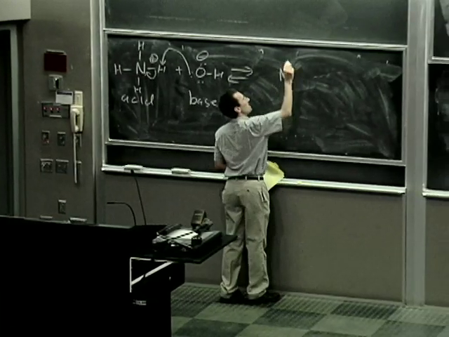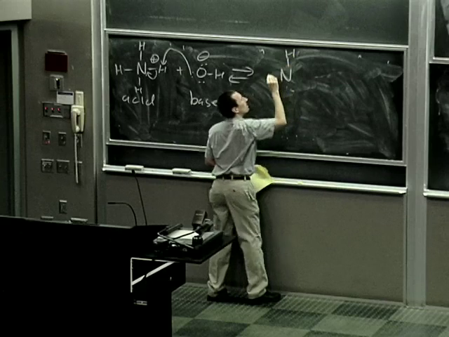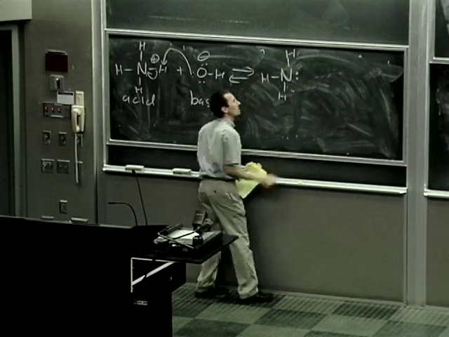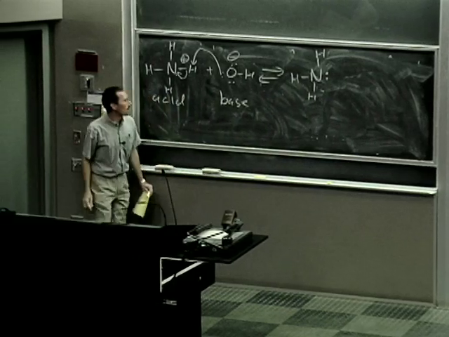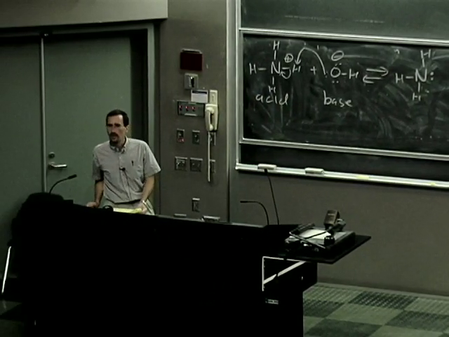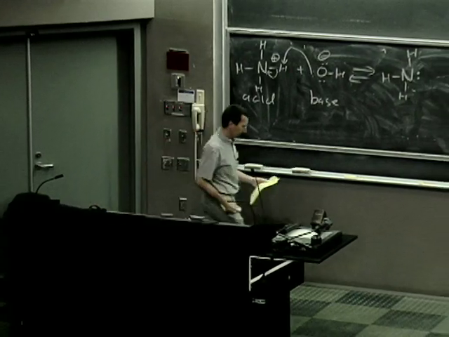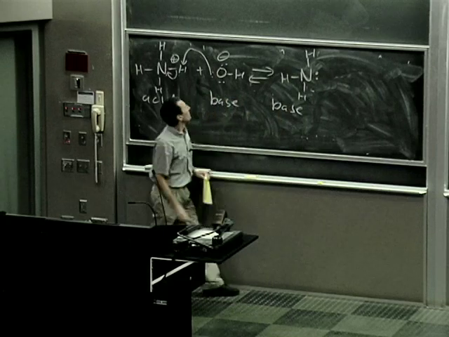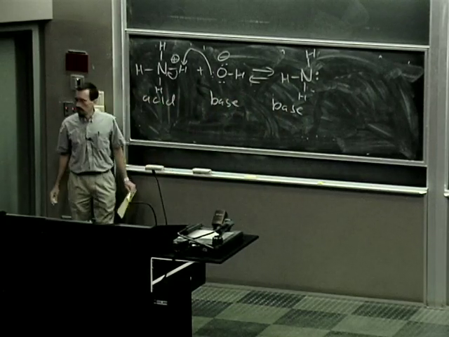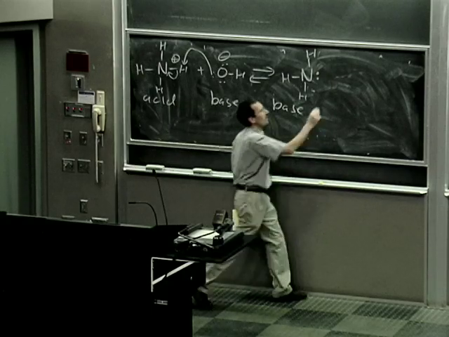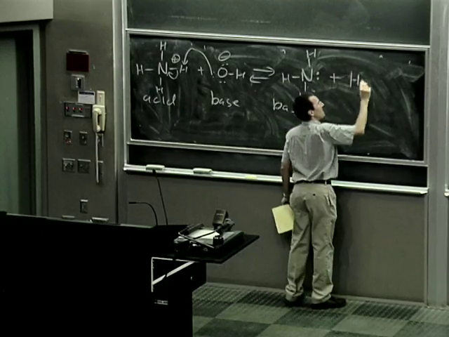Now we generate ammonia. There's our lone pair. Ammonia is the conjugate base of the ammonium ion. And we generate water. Water is the conjugate acid of hydroxide ion.